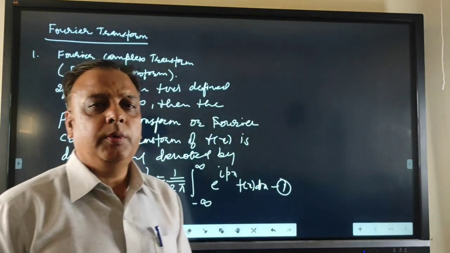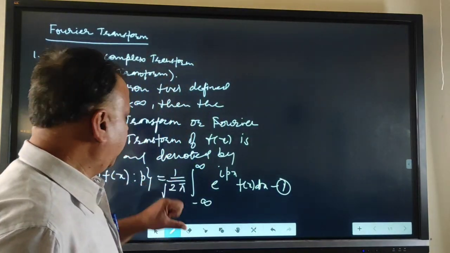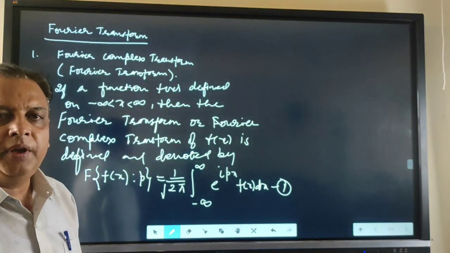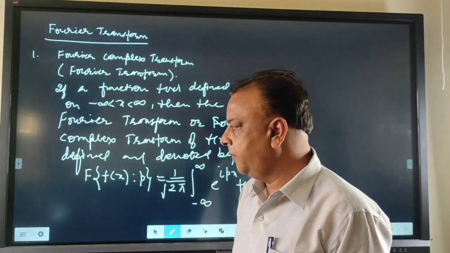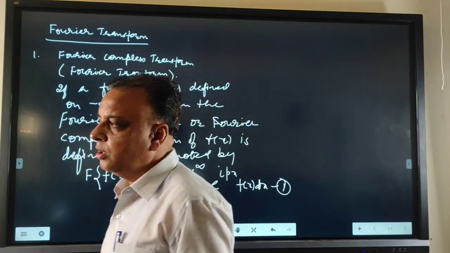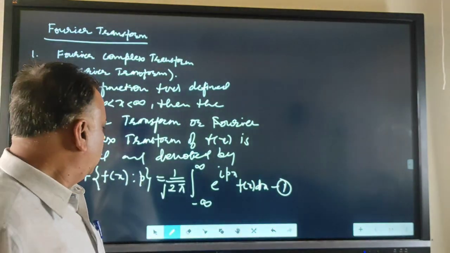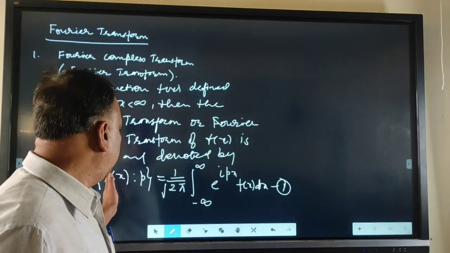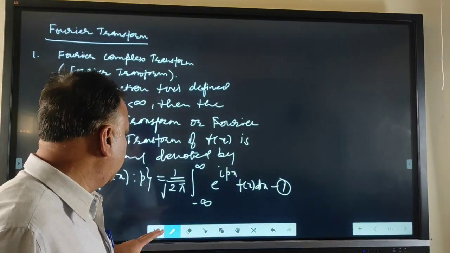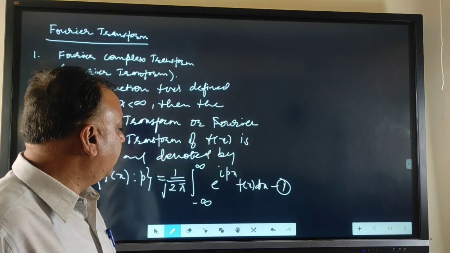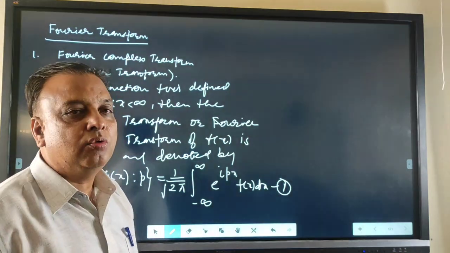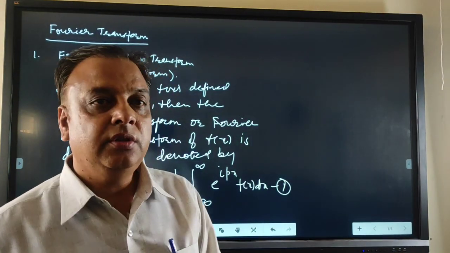The Fourier complex transformation of a function f(x) defined in the interval minus infinity to infinity is denoted by F of f(x) with respect to the parameter p, and it is given by 1 upon root 2 pi, integral minus infinity to infinity, e raised to iota px f(x) dx.